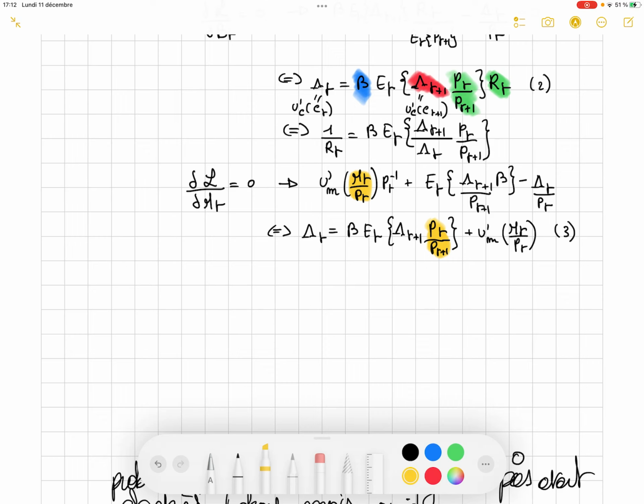You will hold more or less according to the expected inflation rate that you think too. And of course, it is multiplied by the marginal utility of consumption at the next period. So it's basically the unit you can consume of the money you held, multiplied by the marginal utility of consumption.